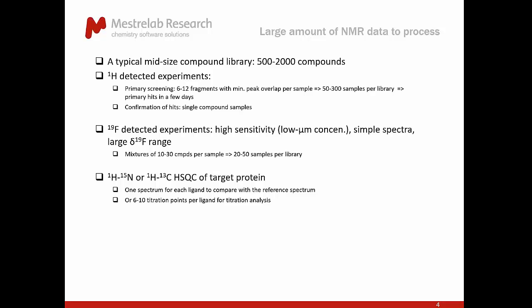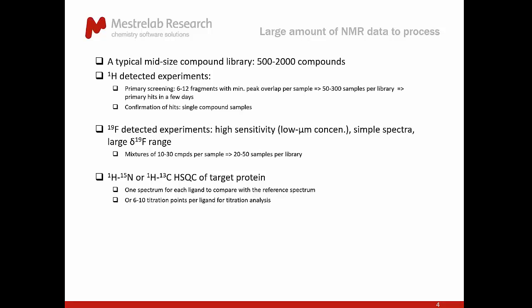For 2D HSQC type spectra of the target protein, you would do one spectrum for each ligand to compare with the reference spectrum for higher throughput hit finding, or you do 6 to 10 titration points per ligand for titration analysis.